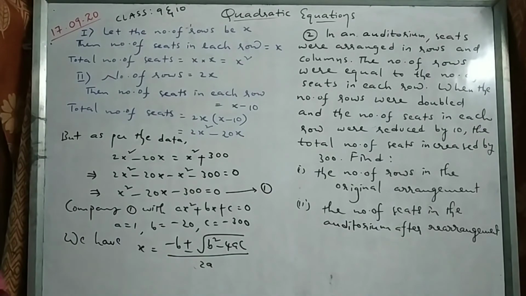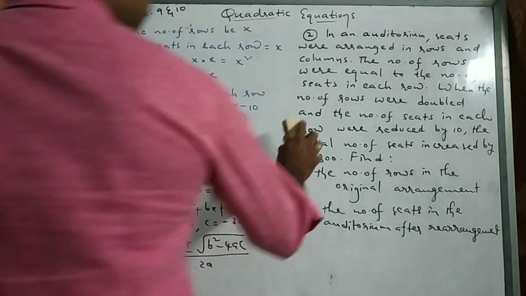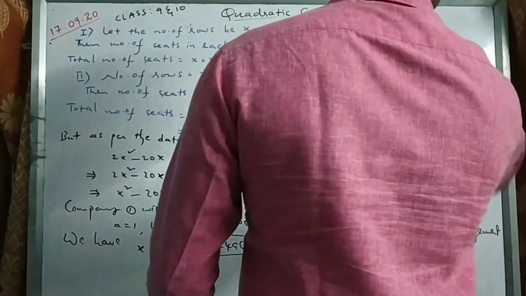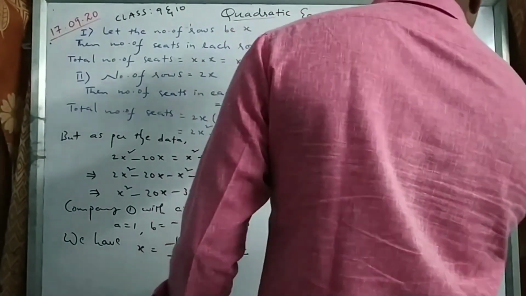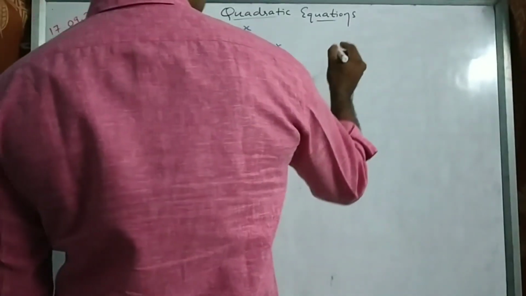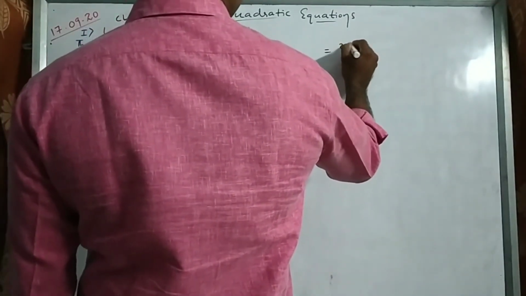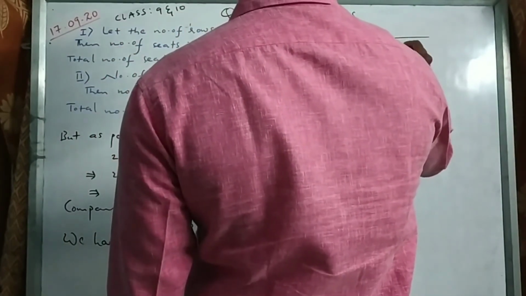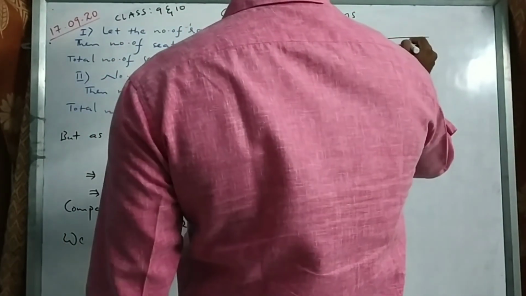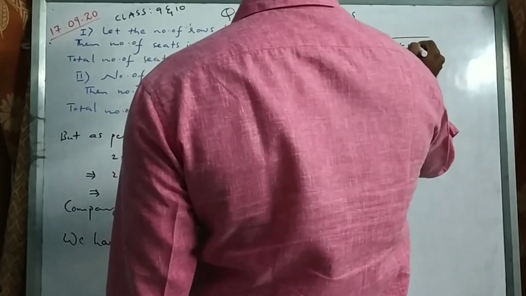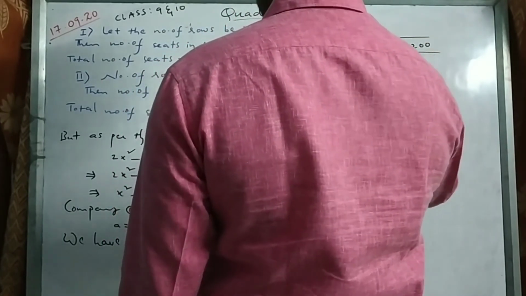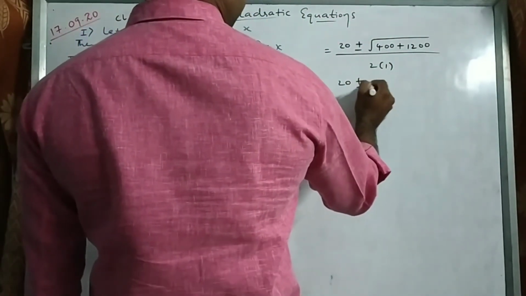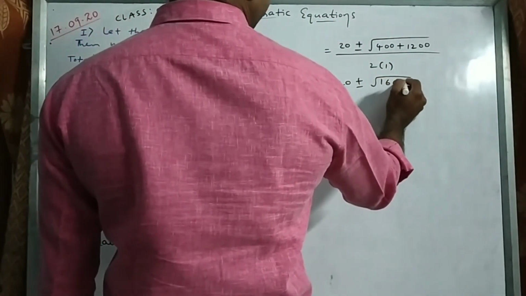Substitute values in the data. So minus b means already minus is there, 20 plus or minus square root of 20 square means 400 minus 4ac, plus 4 3s are 1200, upon 2a, 2 into 1, 2. So 20 plus or minus square root of 1600.